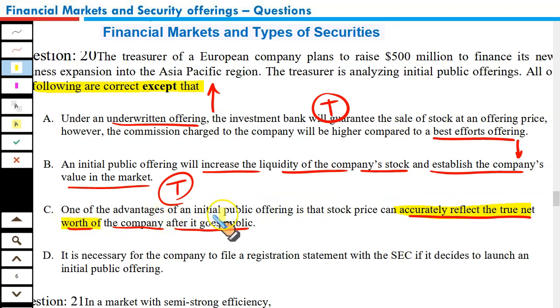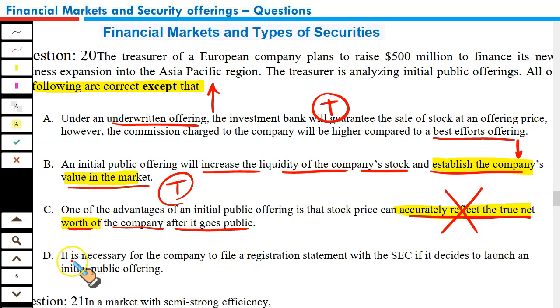Even though the IPO may set the company valuation, like in the previous part, establishing the company's value in the market, it doesn't mean that the value is accurate, because there are many intangibles which may not be valued by the market. So saying that when the company goes for an IPO, the stock price can accurately reflect the true net worth is debatable, or rather quite a misleading term. Not possible. An IPO doesn't accurately reflect the company's price. This is an incorrect statement.